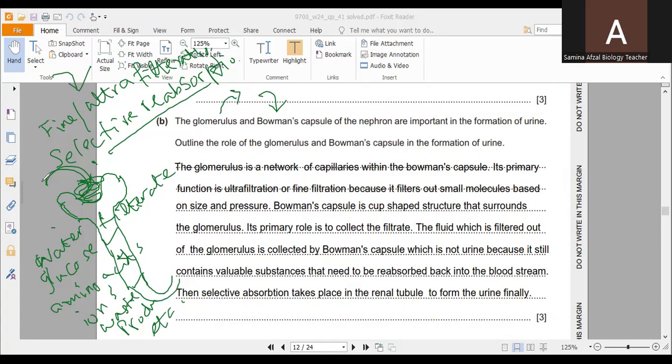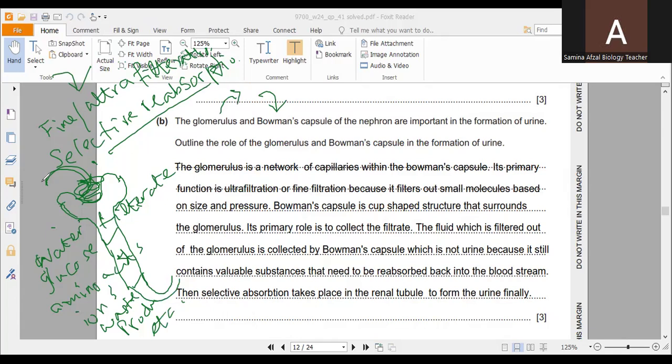The Bowman capsule also acts as a funnel, as you can see in my small drawing, directing the filtrate into the renal tubule for further processing. What is the renal tubule? The other parts of the nephron. We can also say the glomerulus is a sieve, because it filters out small particles, water, and small molecules from the blood, and the cup-shaped capsule collects it. In this way, the process takes place.